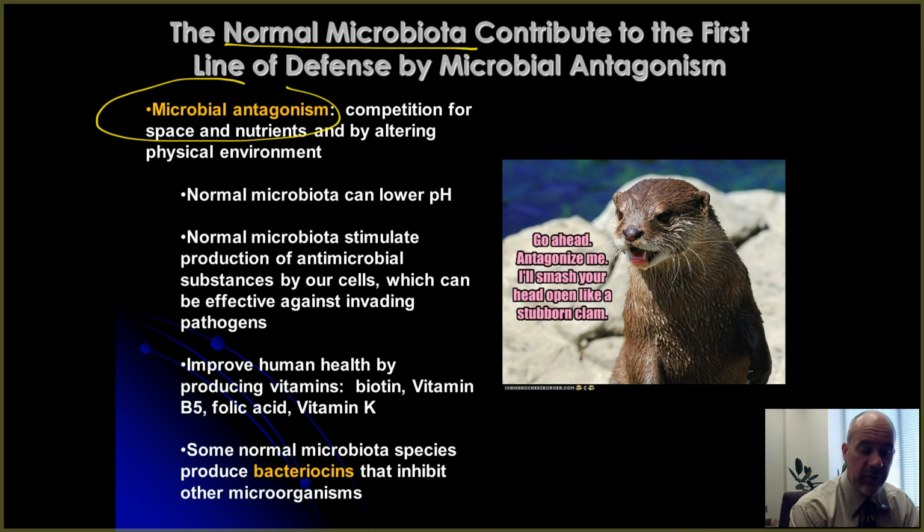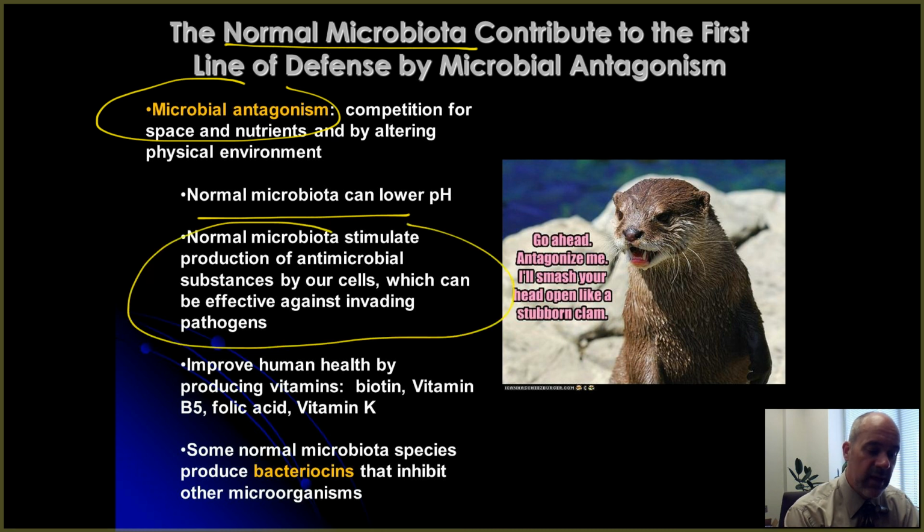They also do that, as we just talked about, in some cases where your normal microbes help lower the pH in certain locations like the skin and along the vaginal lining. In addition to our own antimicrobial proteins that we've talked about, some normal microbes make antibacterial proteins that poke holes in the membranes of other microorganisms.